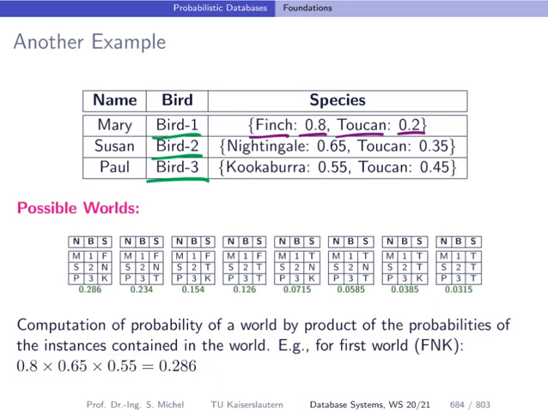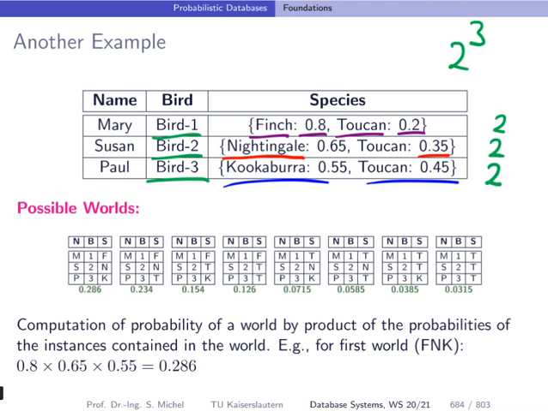Susan says that the bird she was seeing is a nightingale with 0.65 or a toucan with 0.35. And Paul believes that it was a kookaburra with 0.55 or a toucan with 0.45. And based on this uncertain information, basically here we have two choices, here two choices, and here two choices. So we have 2 to the 3 possible worlds because we look at all combinations.